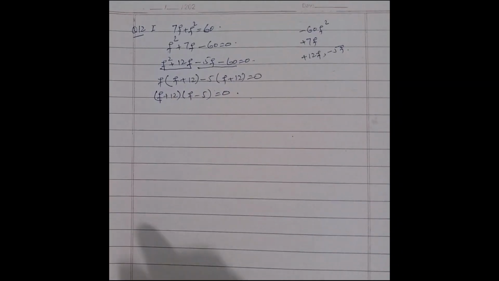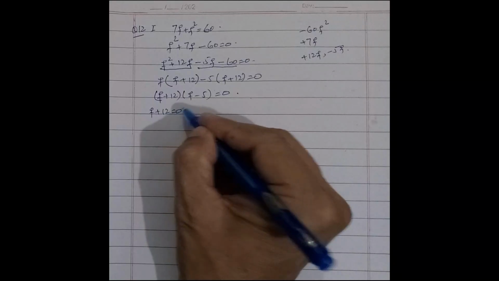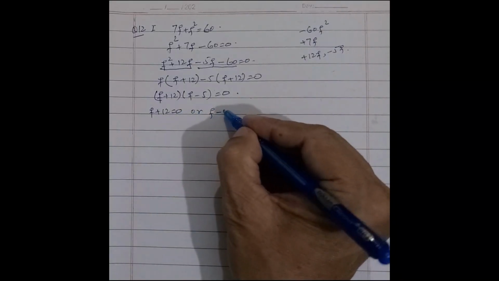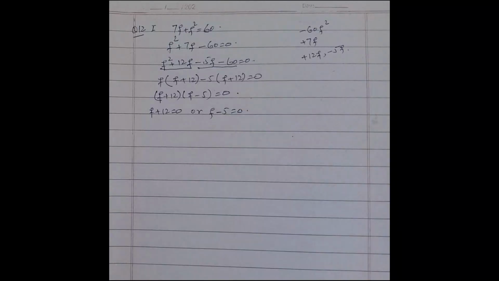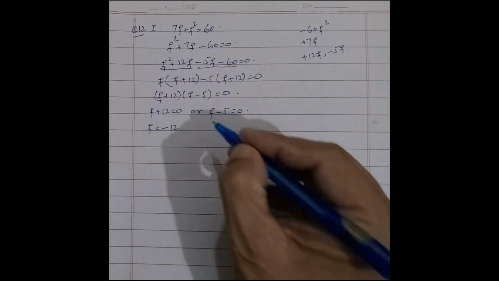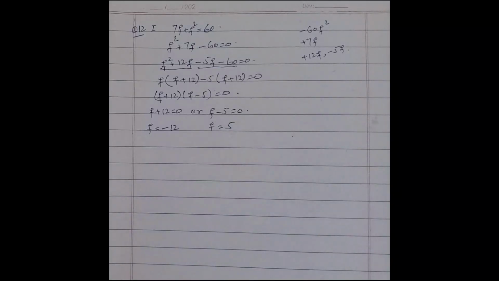Now we find the value of f, which is f plus 12 is equal to 0 or f minus 5 is equal to 0. So f is equal to minus 12 and the other value is f is equal to 5.